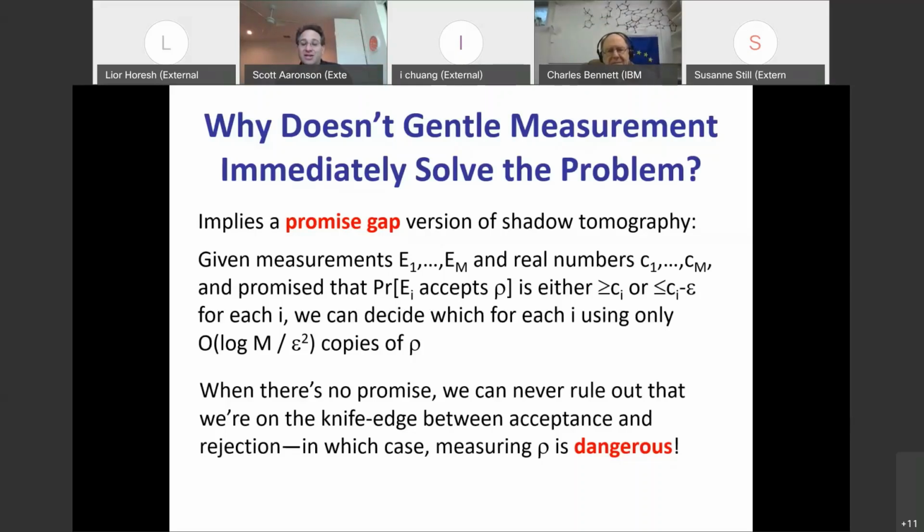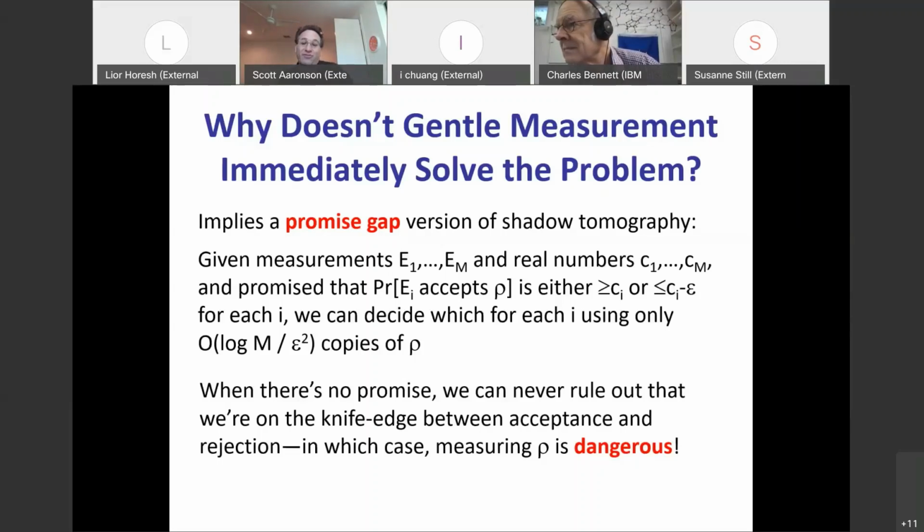Okay, and if you're right on a knife edge like that, then the problem is not merely that you're going to fail to get a good estimate of the probability that EI accepts rho. The problem is worse than that. It's that when you try to make the measurement, you will destroy your copies of rho, okay, because the amplification will fail.